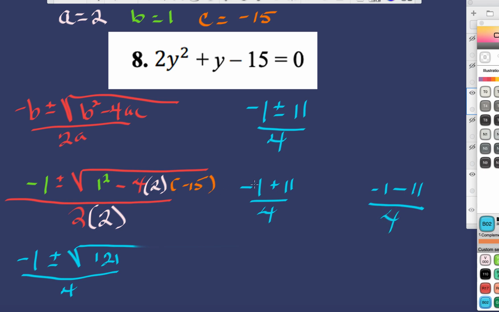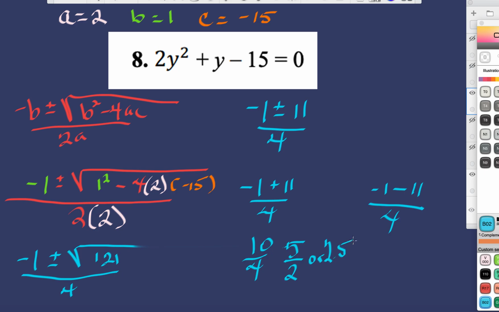Sorry about that. Negative 1 plus 11 is 10. So that's positive 10 divided by 4. We can simplify this to 5 halves if we want, or 2.5.